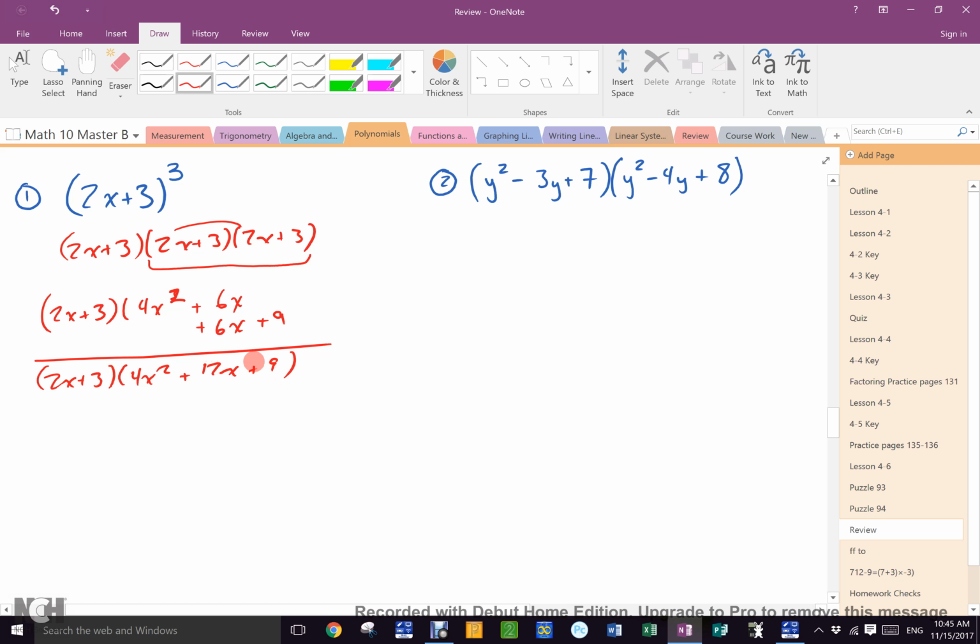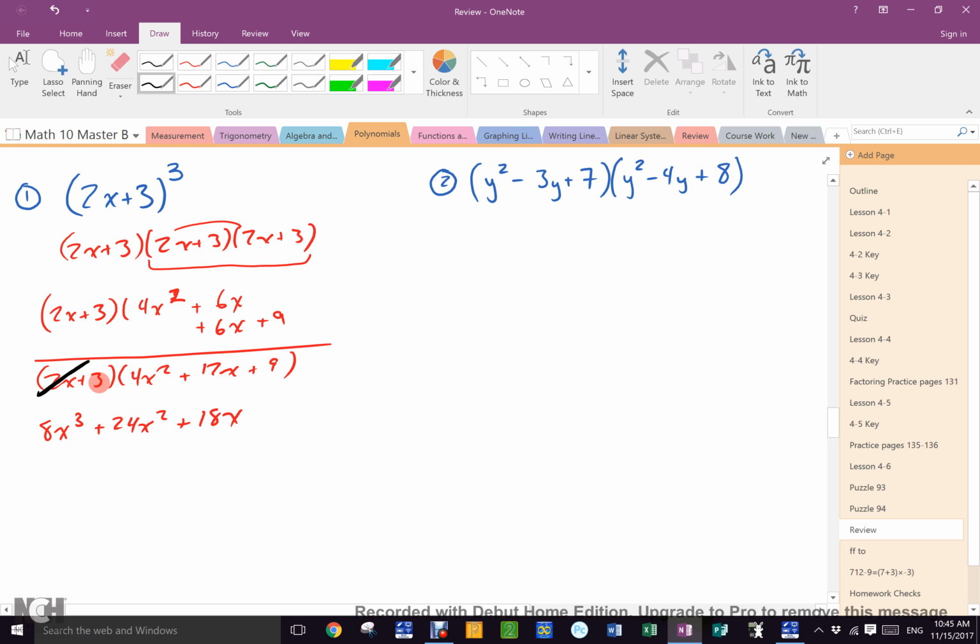Now I do this again. The 2x goes everywhere. 8x cubed plus 24x squared plus 18x. Now I'm done with the 2x, so I'm going to cross them out because I'm finished with them.